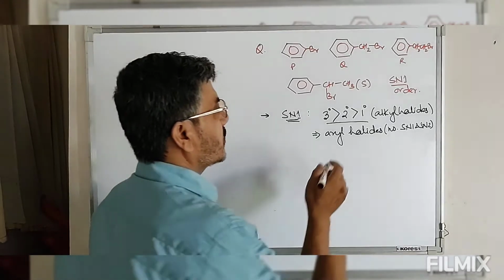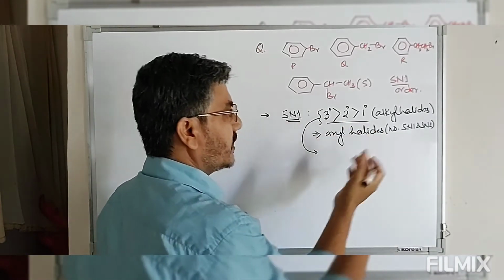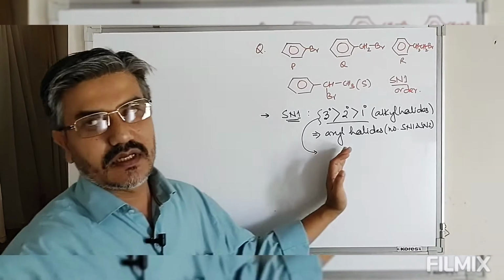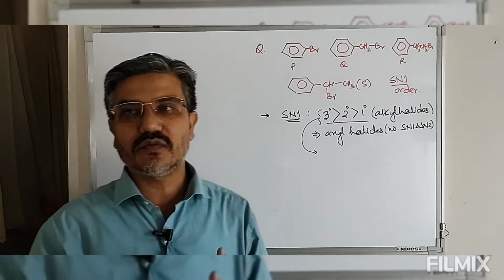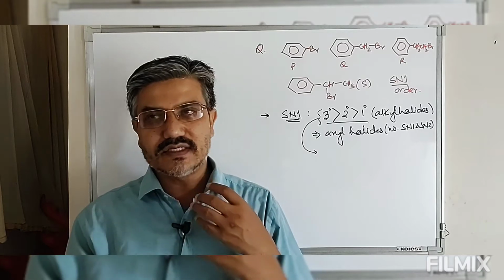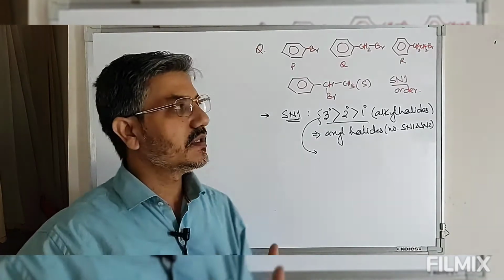So why is this the order of reactivity of alkyl halides? The order has something to do with the intermediate that is formed in the SN1 reaction. SN1 reaction proceeds by formation of carbocation. So the stability order of carbocation will decide the reactivity order of the halides.